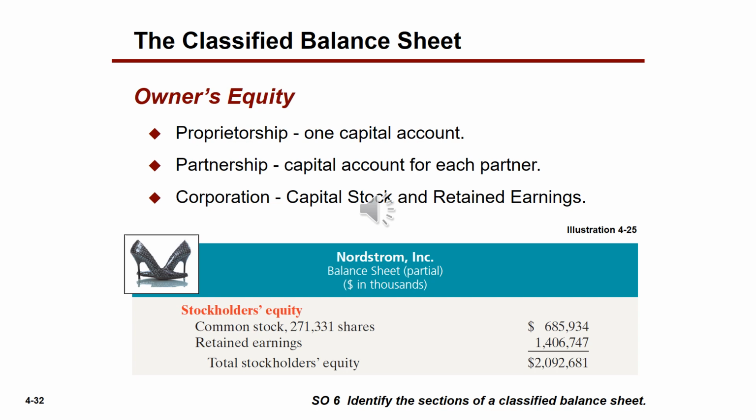As you can see in their partial balance sheet here, we can see common stock of 271,331 shares, okay, and retained earnings, of course, which are profits compiled from previous financial periods and kept to be reinvested in the business. And that will give us the total stockholders' equity.